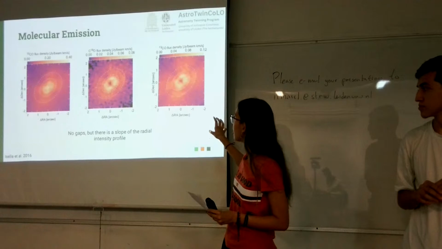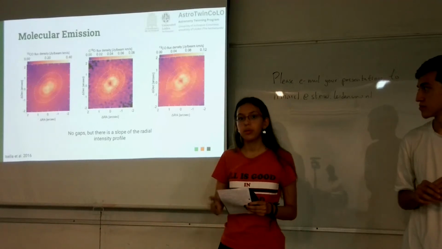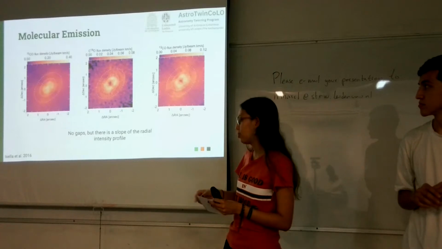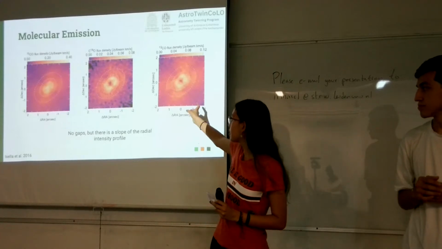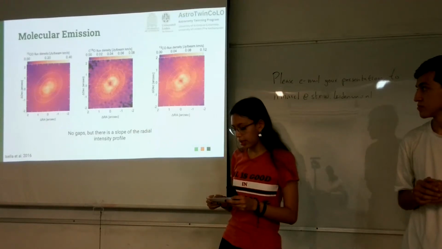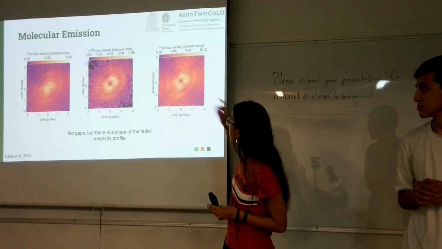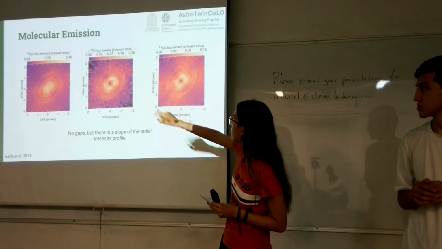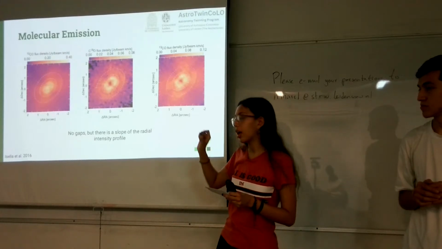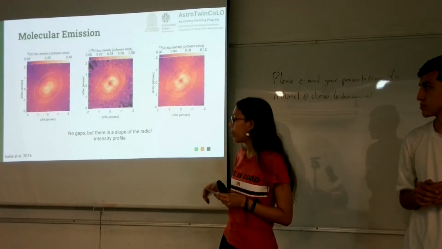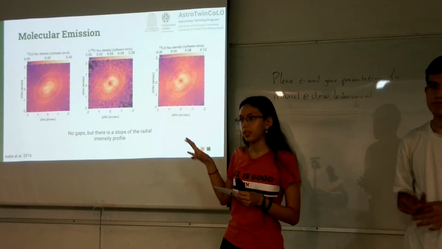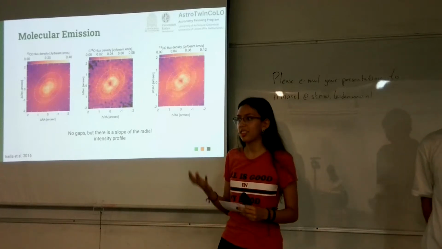Okay, so there are three problems with the image. The first one is that there is no ring structure on the images. The second one is that the 13CO and the C18O have local minima at the center, but the continuum and the 12CO are centrally peaked. So that's kind of weird.